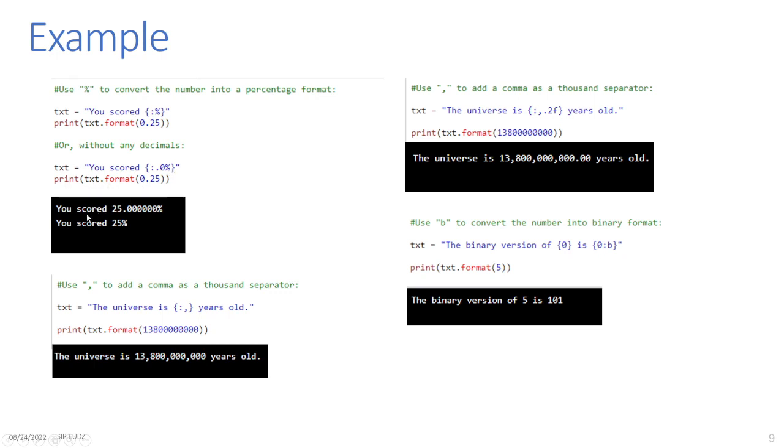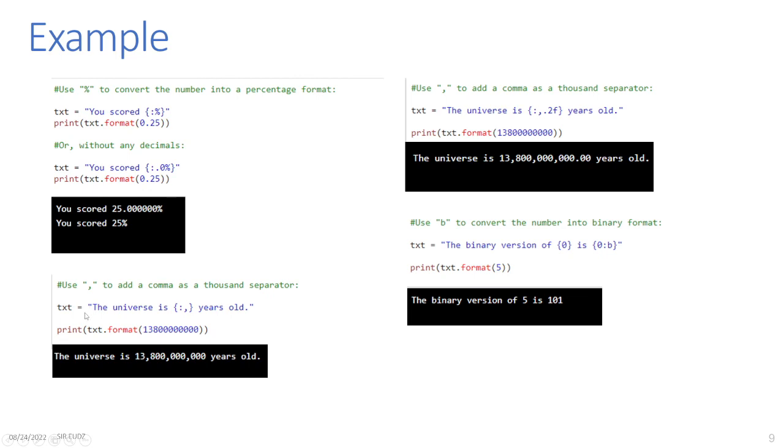If you look at the first one, it will print several decimal places because we did not control the number of decimal places here. But here on the next one, we specify that there will be 0 decimal places. So that's why it will print you scored 25%. So take note of the difference between these two placeholders when using the format.